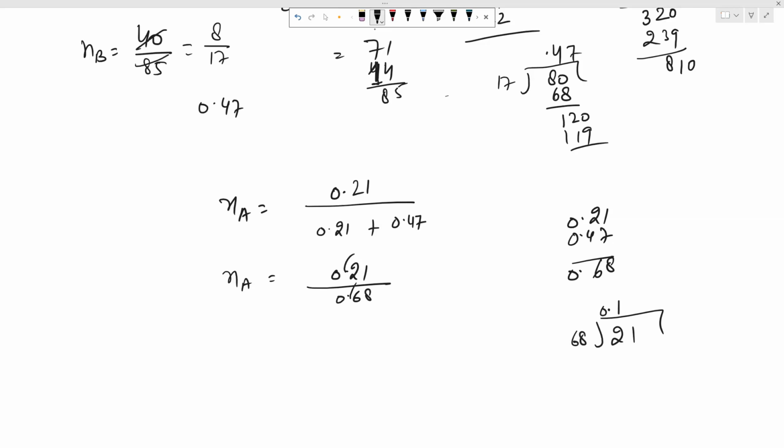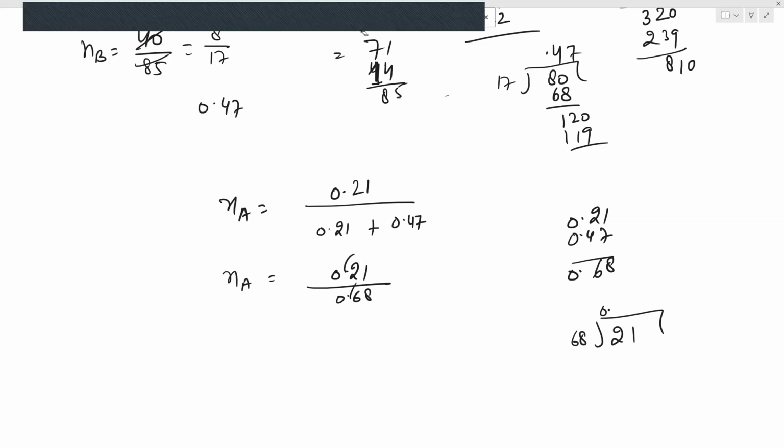You will place the decimal first, and we'll add a 0 here. Now you know that 68 is nearer to 70.